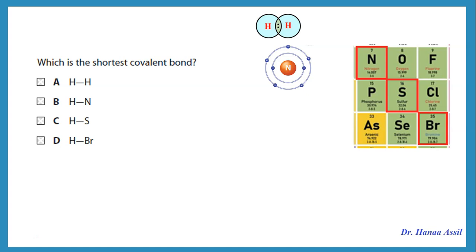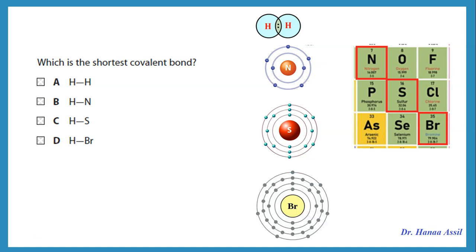Nitrogen, of course, is a bigger atom than hydrogen. Sulfur is an even bigger atom. Br is a bigger atom. So remember, as the atom gets bigger, the distance between one nucleus and the other increases. We're looking for which one is the shortest. So of course, the shortest bond would be the one between the two hydrogen atoms.